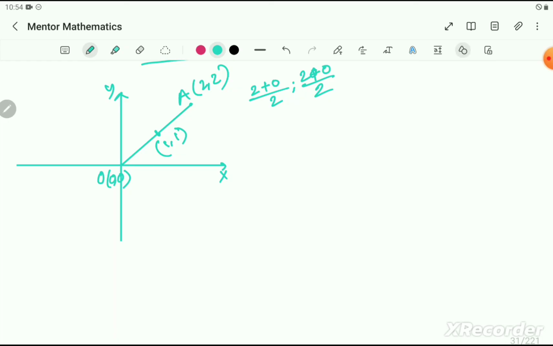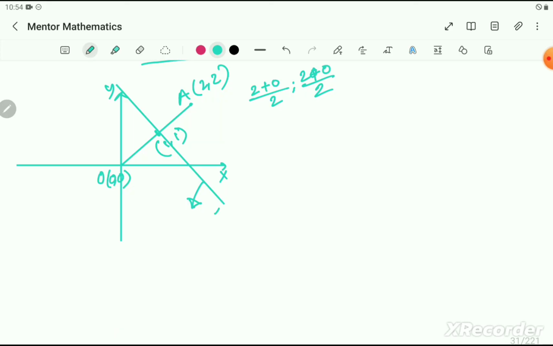So another straight line passes through this midpoint, then we have to find the equation. In the problem we were asked to find the equation of this line.